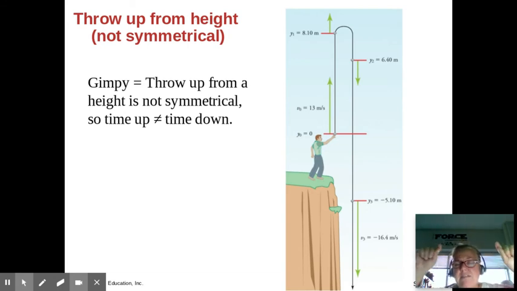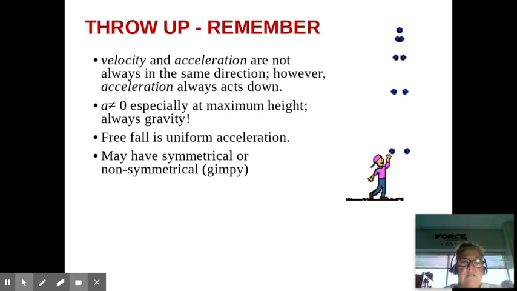But in both cases, at max height, the final velocity is 0, and then coming back down, the initial velocity is 0. So like I said, these are non-symmetrical throw-up problems. These are what I call gimpy problems. This is just my weird twist on things.